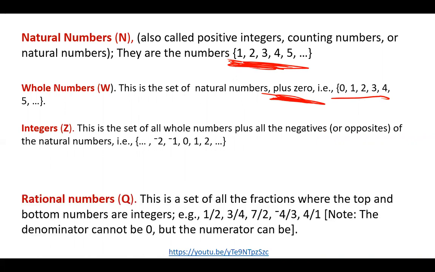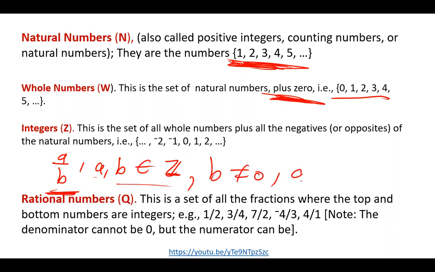We also have what are known as rational numbers. These are numbers that can be expressed in the form A over B, where A and B are members of the integers. The letter Z is used to denote integers. B is not equal to 0, and A and B are in their lowest terms, so we say A and B are co-prime factors.